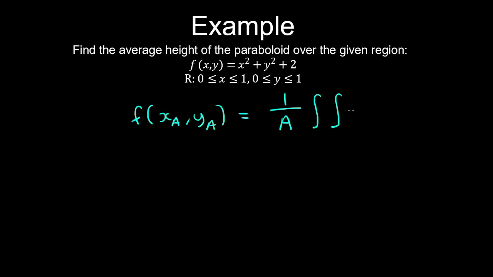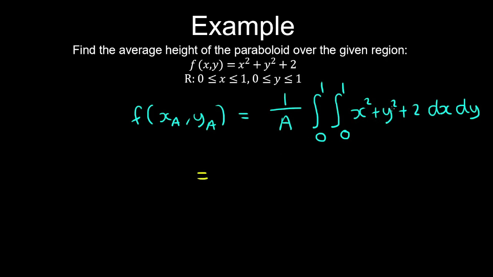So we can first integrate the function for the paraboloid with respect to x or y. So here we're integrating over x from x equals 0 to 1. And then integrating the result over y from y equals 0 to y equals 1. So the area of the region in this case is simply 1 by 1, so we can ignore this term.